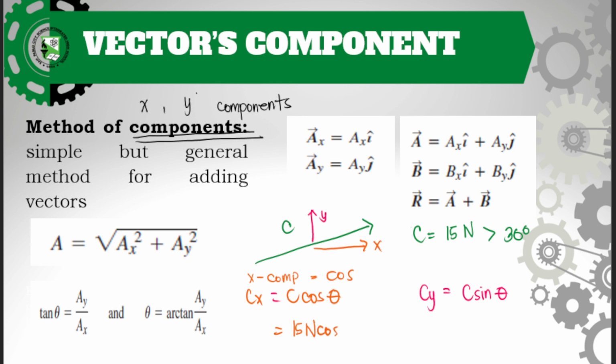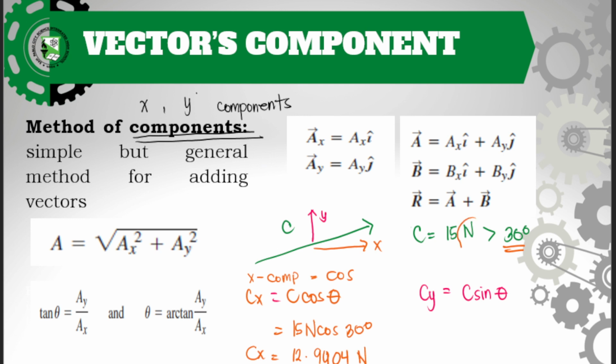Cosine, the theta here is this one, 30 degrees. So, Cx is equal to 15 cosine 30, which is equal to 12.9904 newtons.